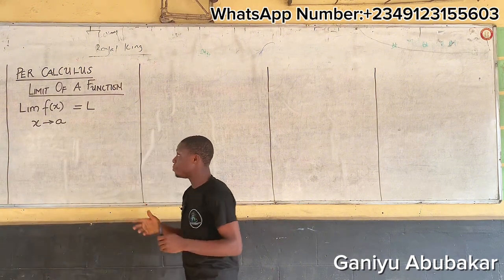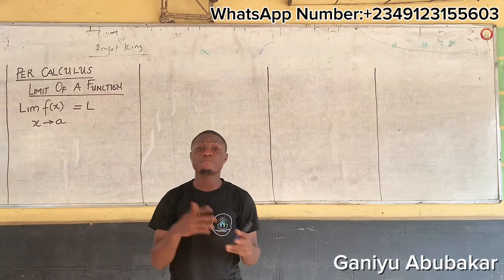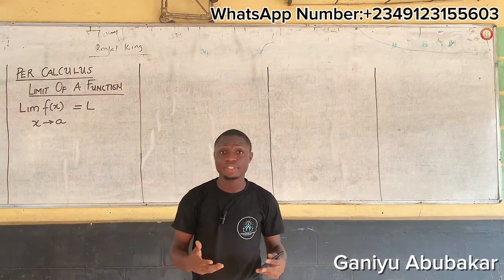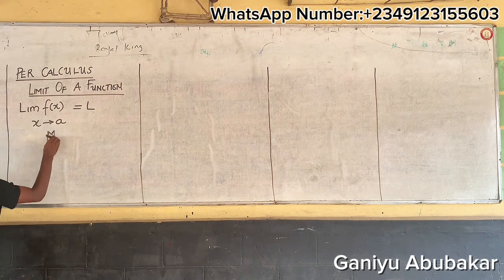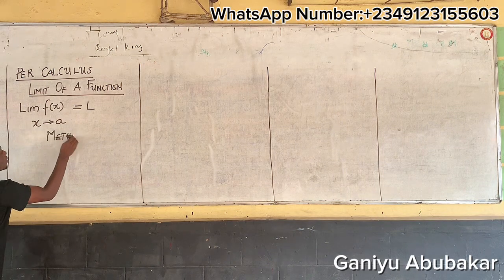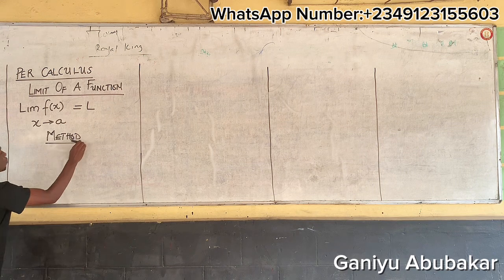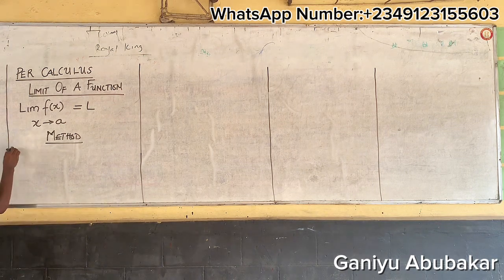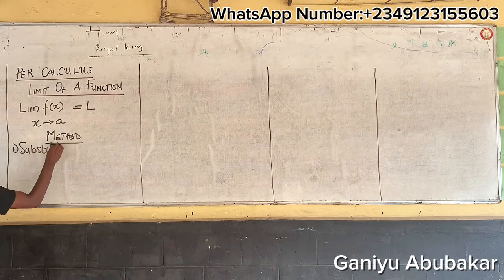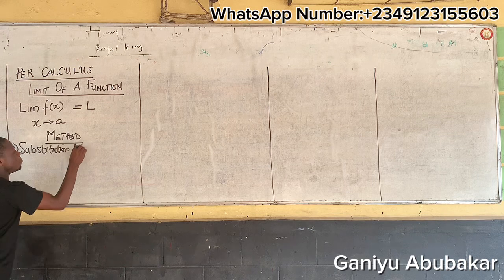When it comes to limit, there are several methods in solving problems involving limit. Let's look at several methods involved in evaluating problems when it comes to limit. The first one is called the substitution method.